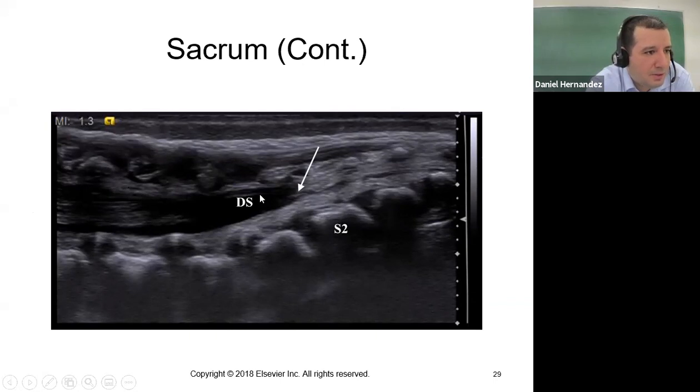So this is just another picture in sagittal view of the spinal canal. DS is the dural sac, which contains cerebrospinal fluid.